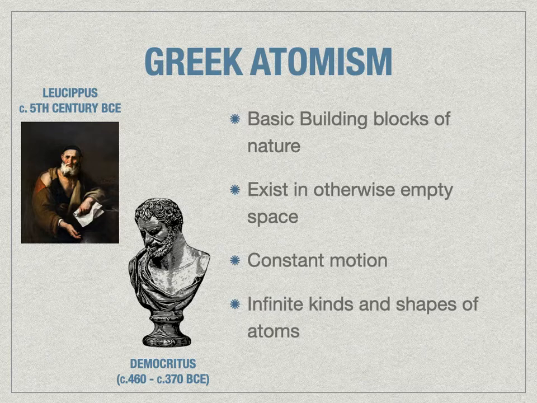But for Democritus, atoms were the basic building blocks of nature, and they were in constant motion, occupying what was otherwise empty space. The atoms of Democritus were not the atoms of the periodic table that we are accustomed to in modern science, but there were infinite kinds and shapes of atoms, and matter took on the macroscopic properties of different things because of the size and the shape of their particular atoms.